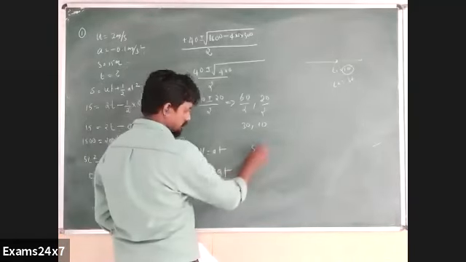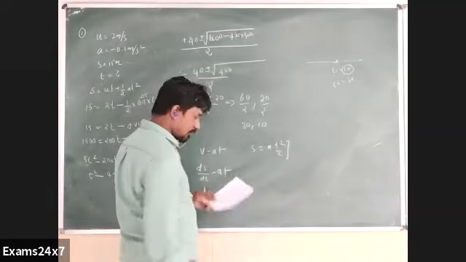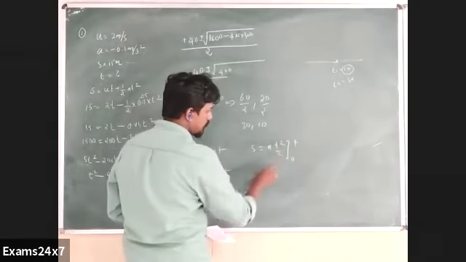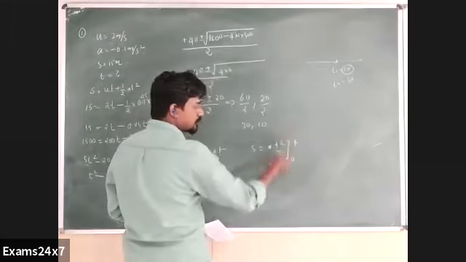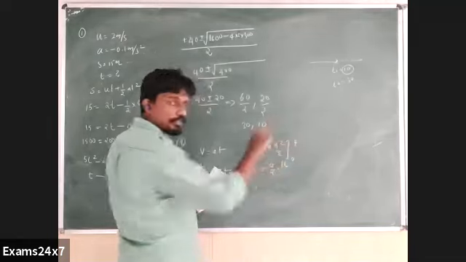S is equal to at square by 2. Distance in the first 4 seconds, 0 to 4, is a by 2 into 4 square, 16.